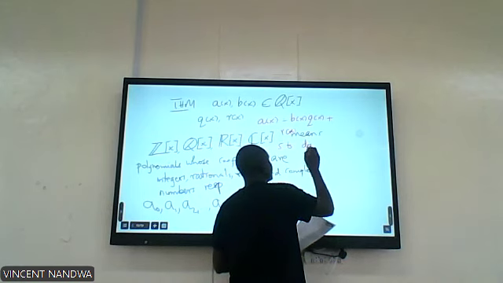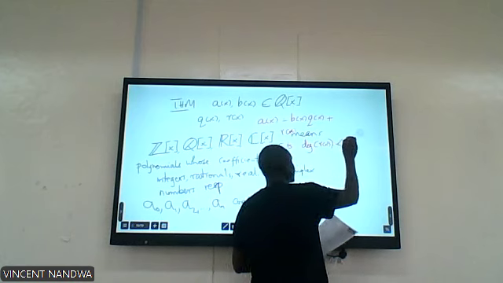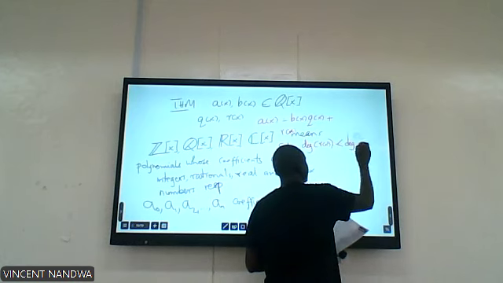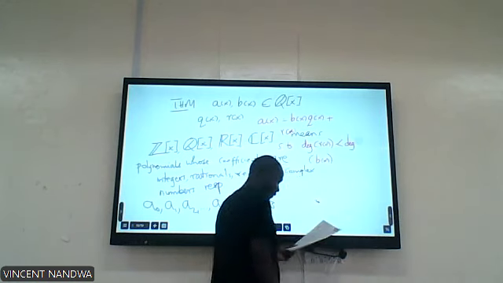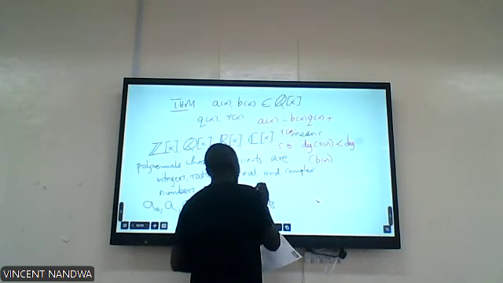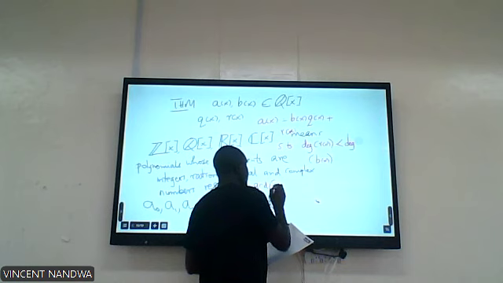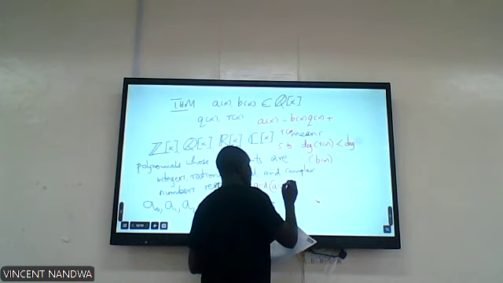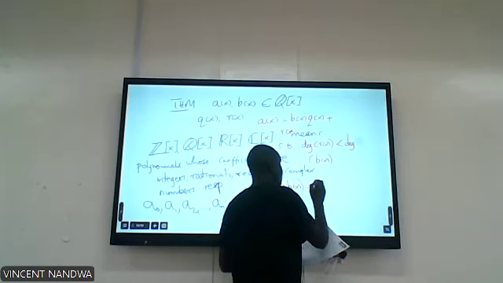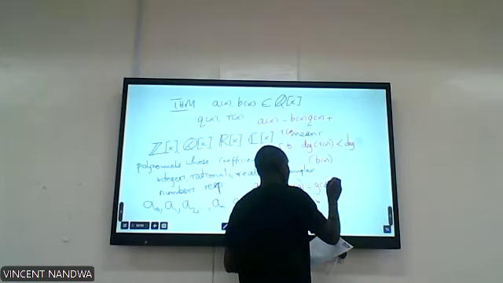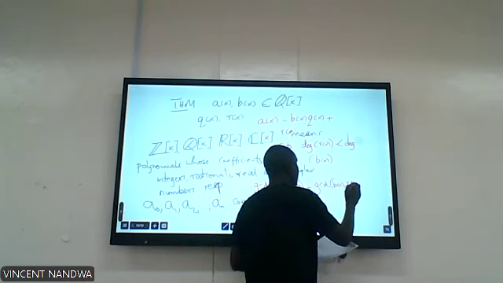such that the degree of R of x is strictly less than the degree of B of x, and the GCD of these two polynomials, A of x and B of x, is the same as the GCD of B of x and R of x.